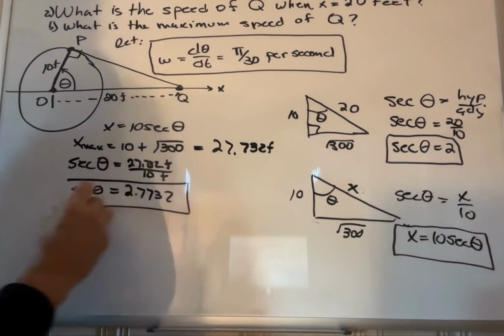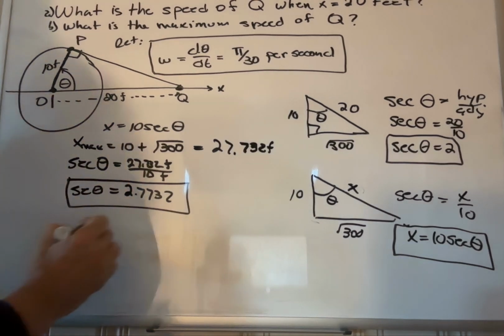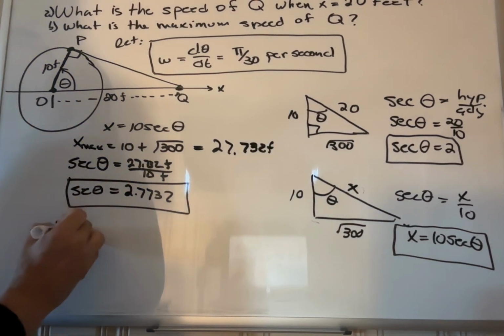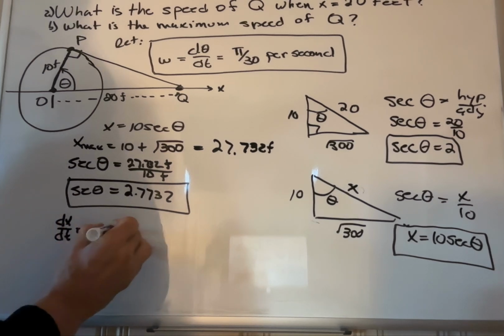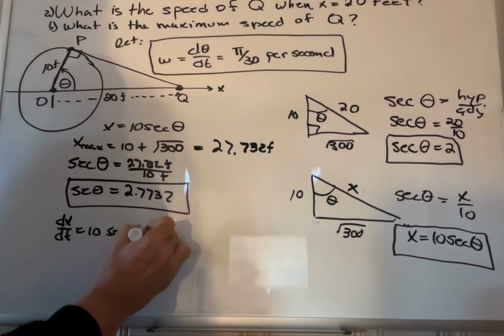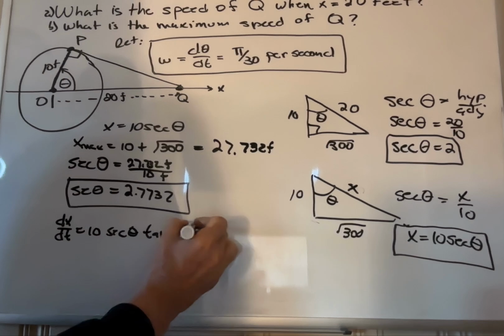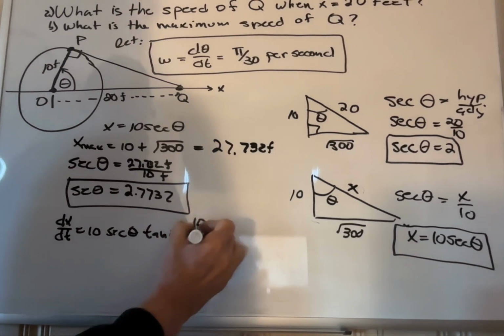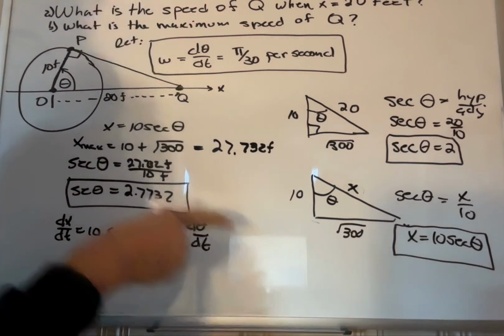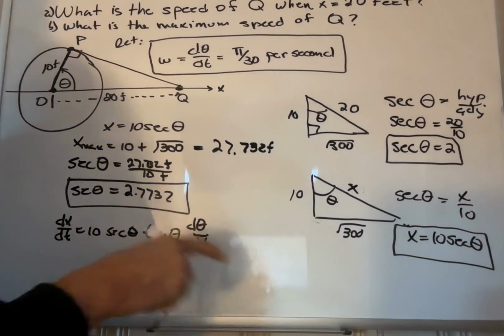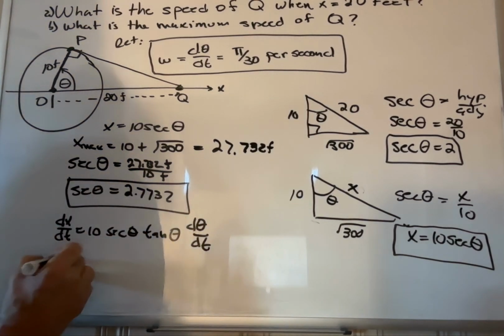So we just do this. We play the same game. We found out that our dx/dt is going to be 10 times the secant theta, tangent theta, times dθ/dt. Plug our numbers in. And last time we used 2, now we use 2.732.